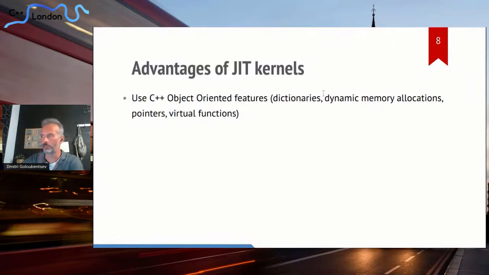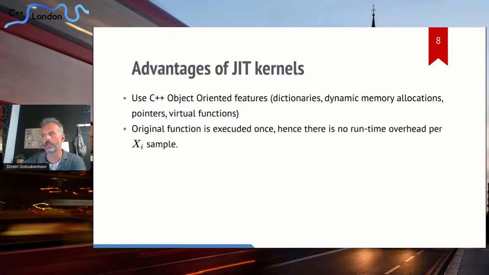We can do dynamic memory allocations. We can resolve our objects via pointers or multiple pointers. And so we can call virtual functions. And all these performance penalties for these features are only applicable once, when we actually generate kernel functions.